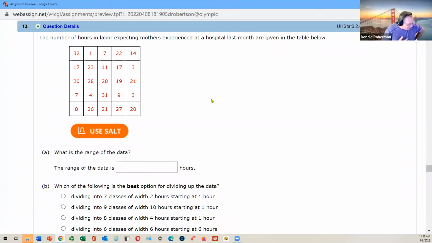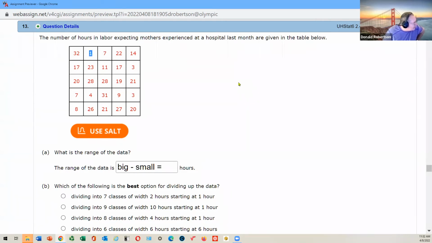So let's start with something unconnected with histograms, but it's something you need if you want to build a good one. And it's called the range of the data. The range of the data is the difference between the biggest and the smallest. So you find the biggest number and you take away the small one, right? Now this involves scanning, which I'm not very good at, but I'm pretty sure 1 is the smallest.